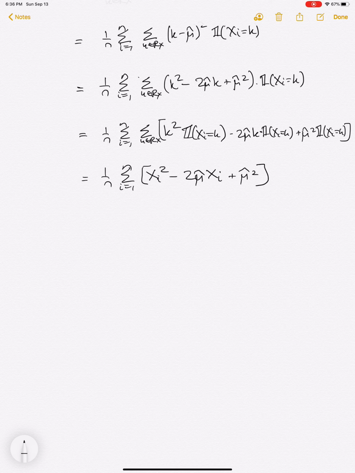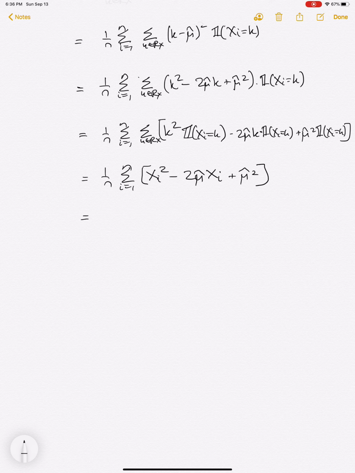Okay. So here I'm just using the properties of the indicator. When you have k squared times the indicator, that's just going to be xi squared, because it's going to pick off the value that you find, because you're doing this sum over the entire range. So again, if this step is confusing to you, that's something that you should just work through yourself to make sure that you can follow.